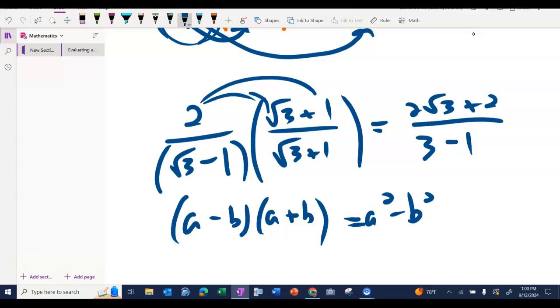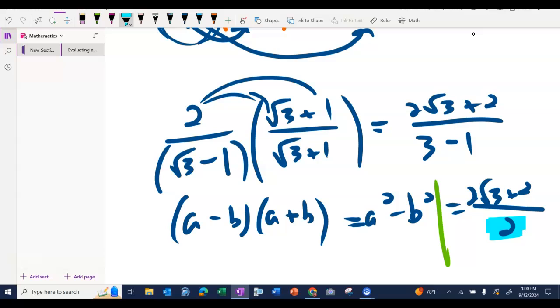When we simplify that ratio, we get 2 root 3 plus 2 all over 3 minus 1, which is 2. And then we could pull a 2 out of everything, which really isn't the point of this. The point is we have now rationalized what was an irrational denominator. Equivalent form, but now the radical is on top.